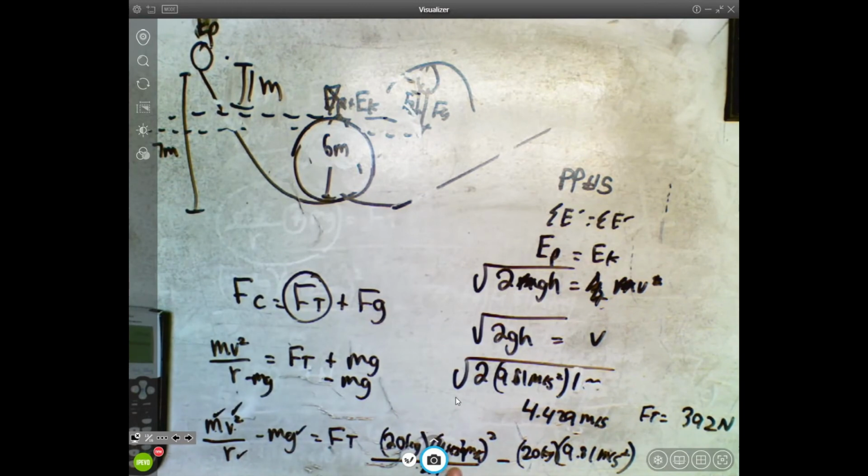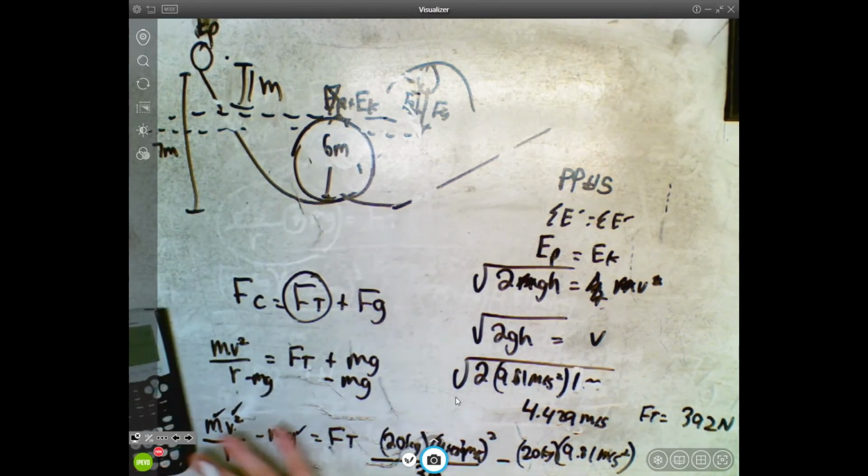In this equation here, the mass stays the same. The radius is different, it's now a 3 meter radius, and these guys stay the same. So almost everything's the same.